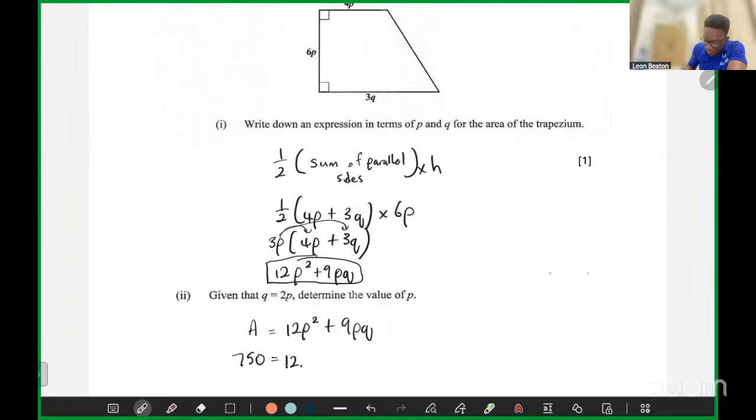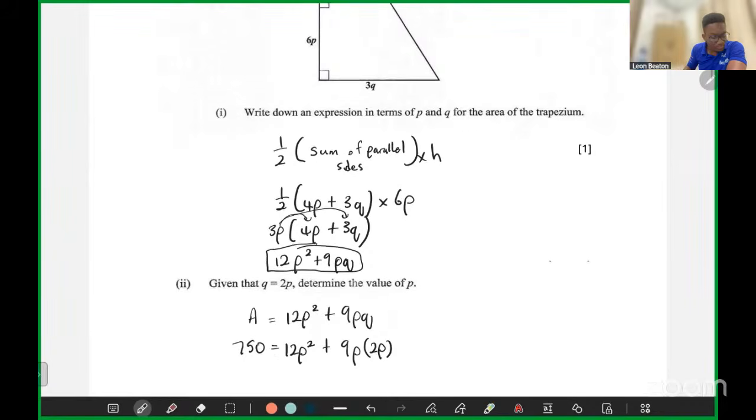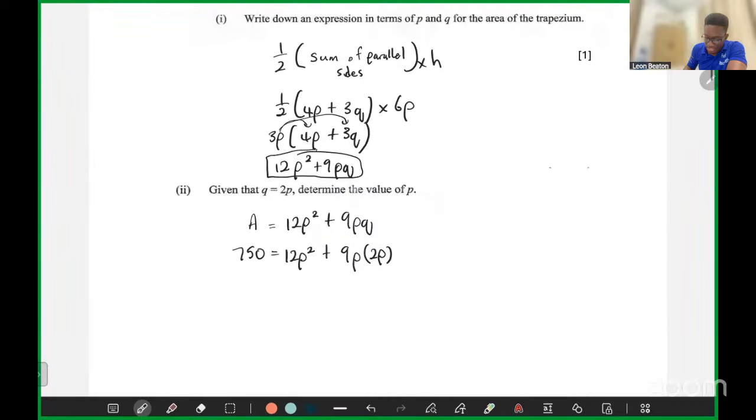So this will be 12p squared plus 9p, and instead of putting back Q, we replace that with 2p. That's what it told us. And then we work this out now.